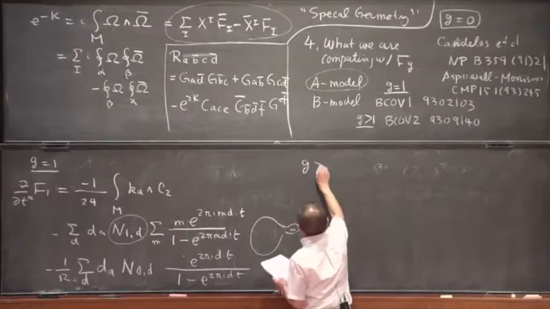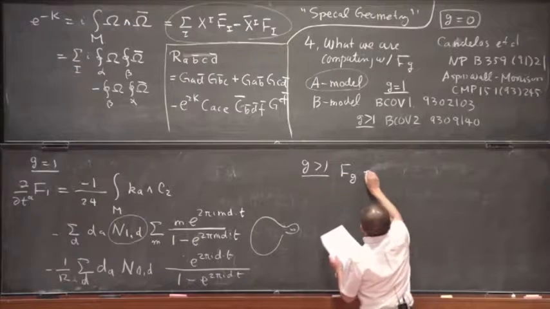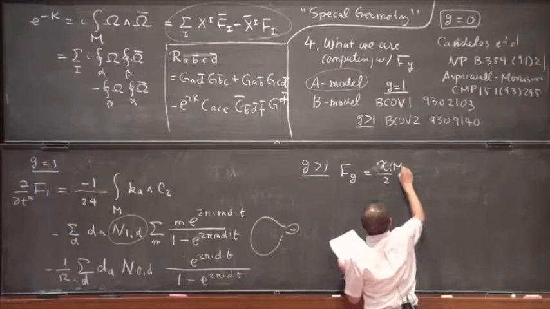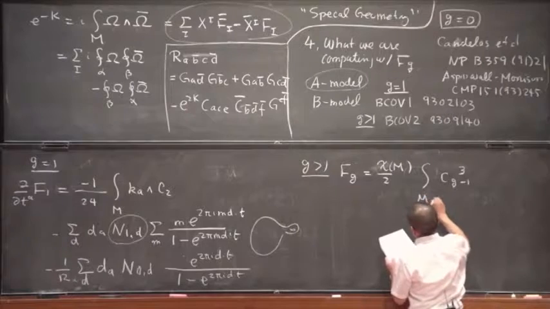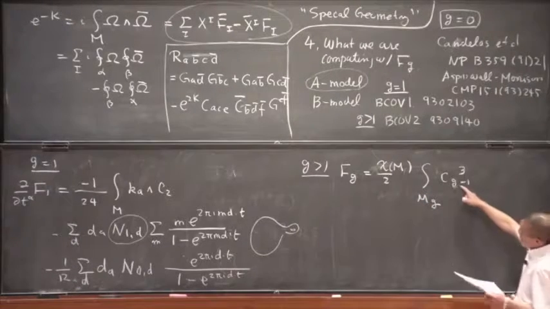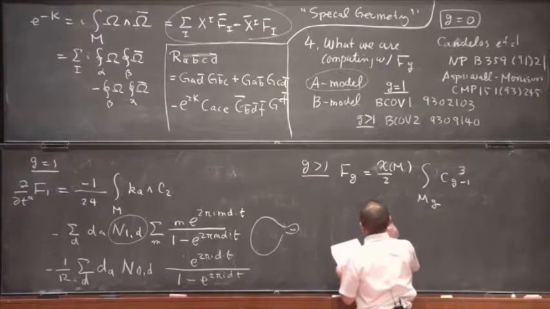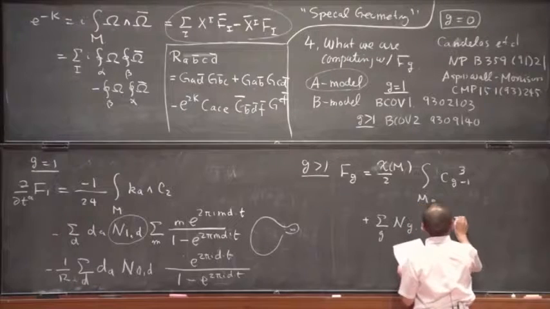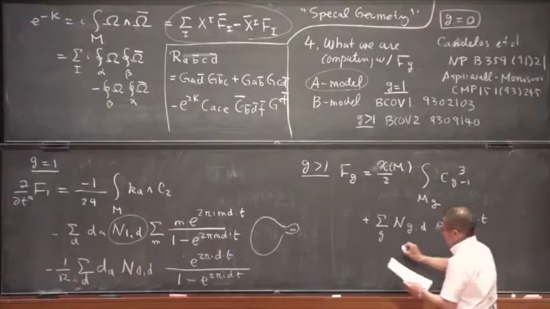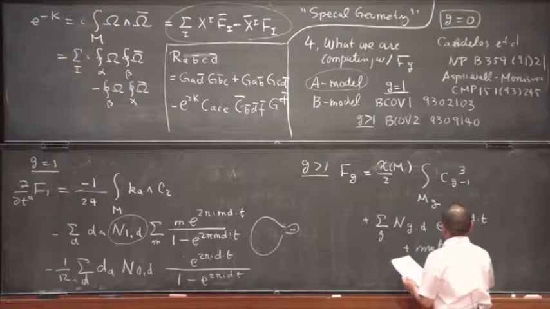And for genus greater than 1, we have this kind of structure. This is the Euler characteristic of the target space Calabi-Yau. Then we have an integral over the moduli space of genus g surfaces, of a Chern class of a particular bundle called the Hodge bundle over the moduli space of Riemann surfaces. Then you have a sum over genus g Gromov-Witten invariants, and in addition you have multi-covering plus bubbling.